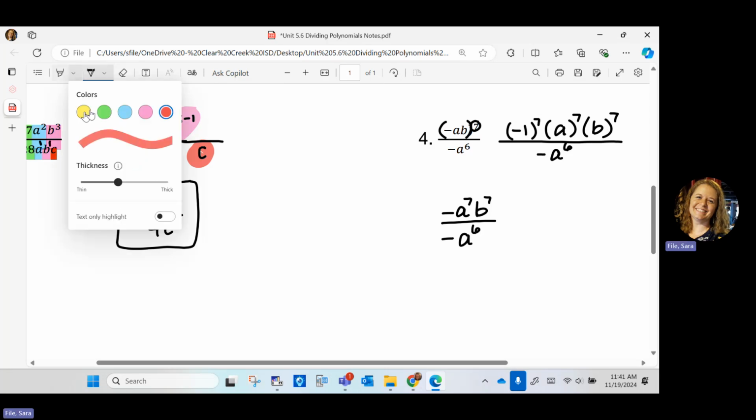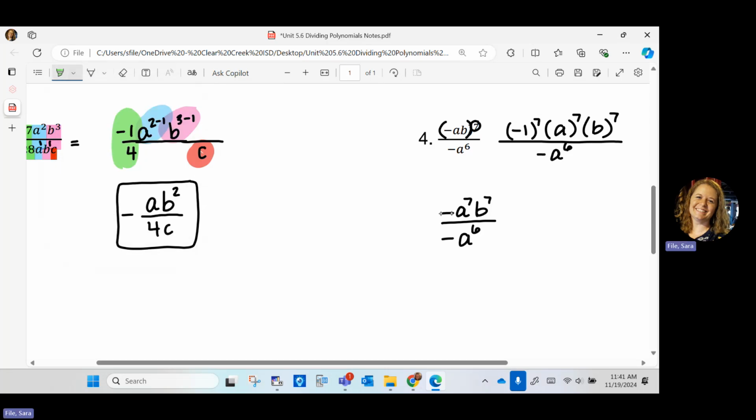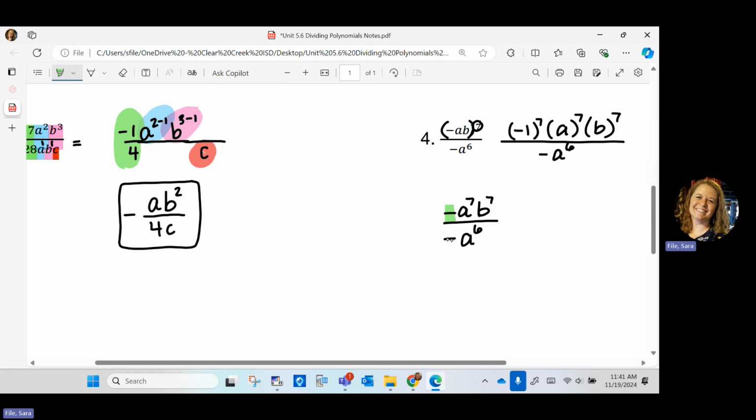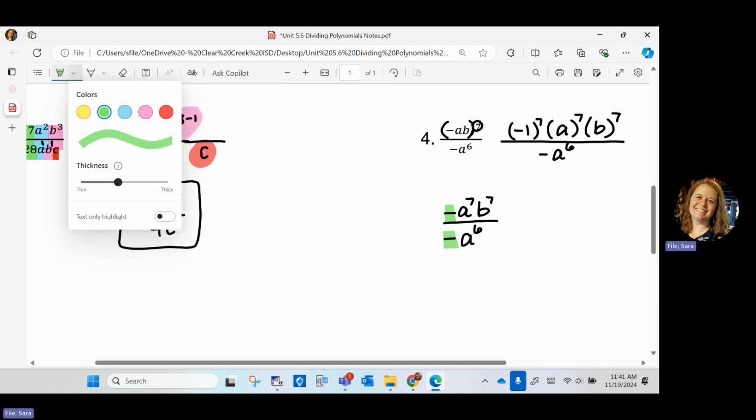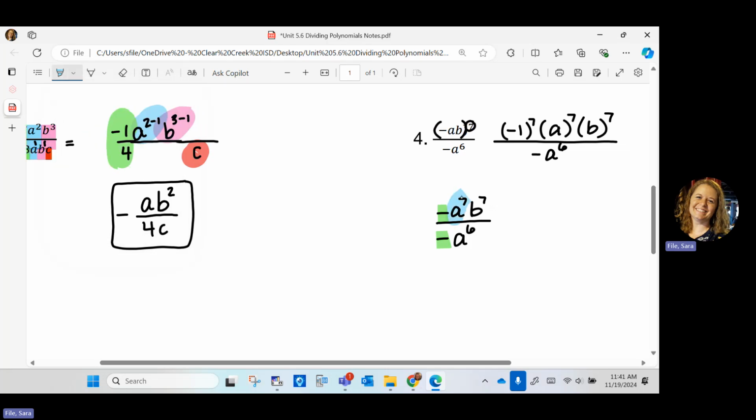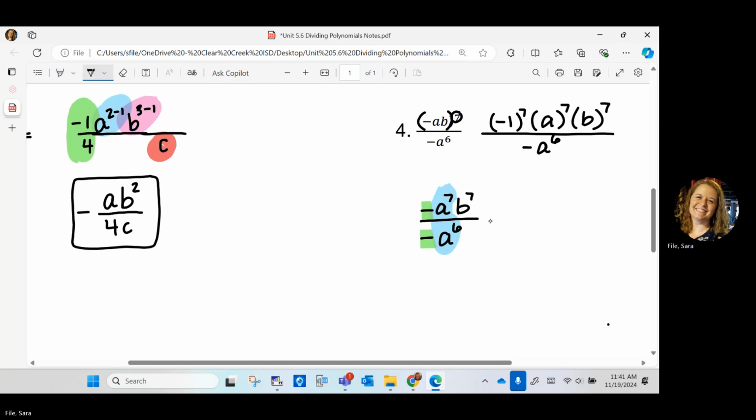So now I'm going to group these. So first of all, the negative divided by the negative is going to come out what? What's a negative divided by a negative? The positive. So we're going to have a positive. So the negatives cancel each other out. Okay. And then for the a terms, we've got a to the 7th over a to the 6th. So that's going to be a to the 7 minus 6.